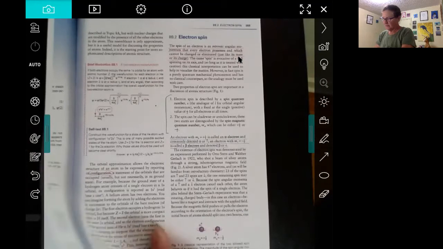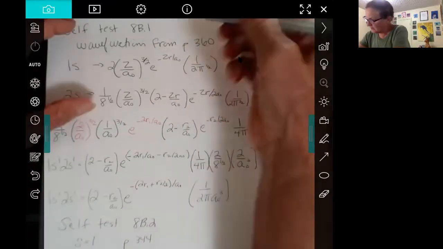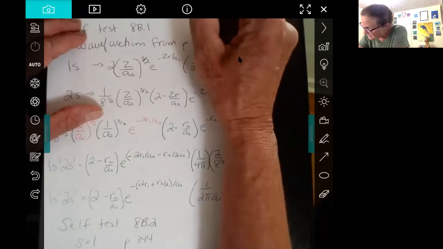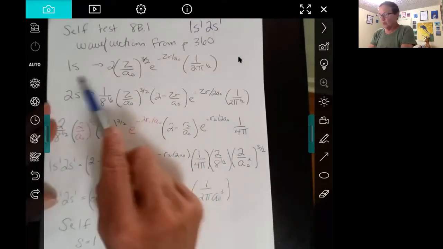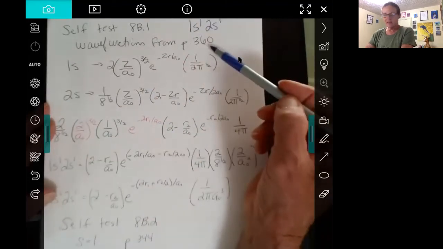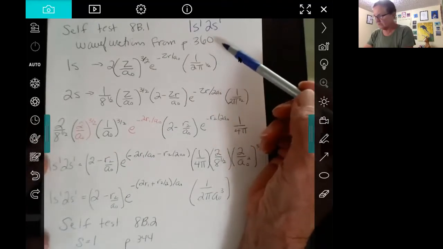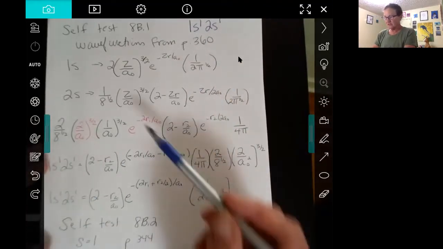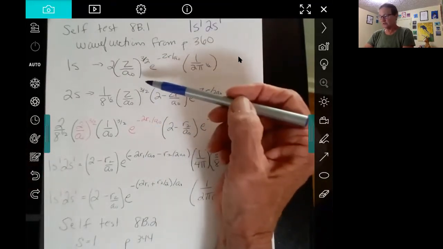If we do the same thing, except we look at an excited state, we can say if we're looking at helium in the excited state of 1s1 2s1, then we're going to have 1 electron in a 1s orbital, another one in a 2s orbital. And I've got these wave functions from page 360, that table of the wave functions for the hydrogen atom. I'm going to multiply those by each other, realizing that the 1s electron is closer to the nucleus.